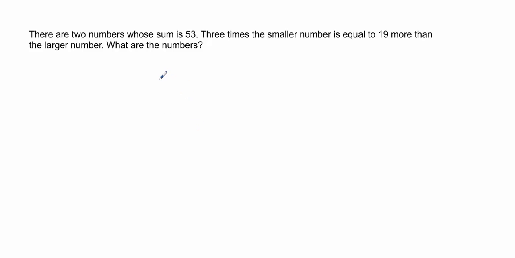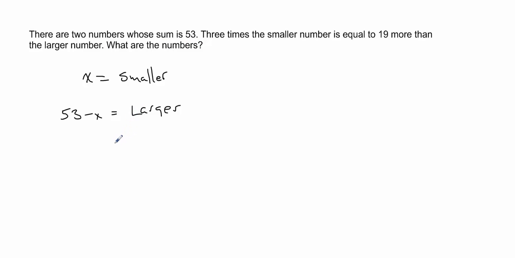So here again, let x be equal to the smaller, and then the rest will be, if you had 53 and then you remove that amount, there will be your remainder, or the other part. We'll call that the larger part. And then the sum of the two must be 53.